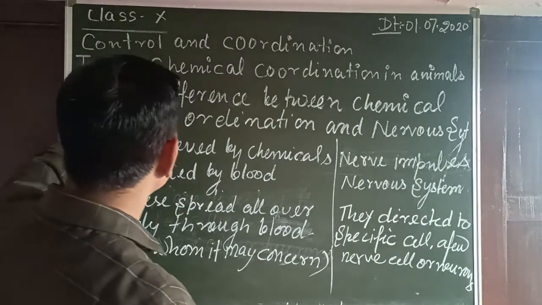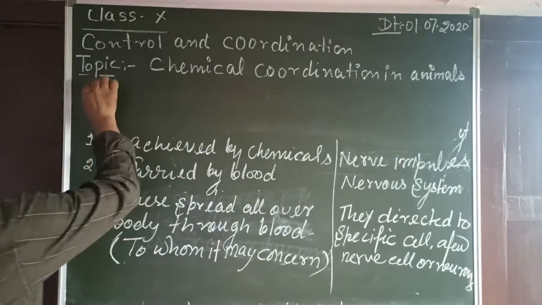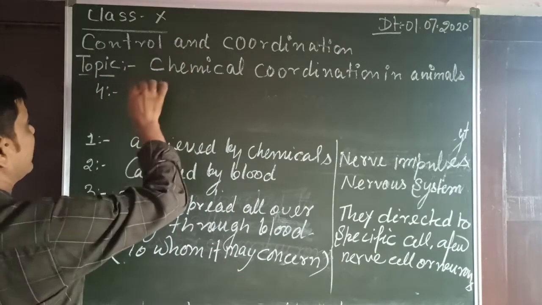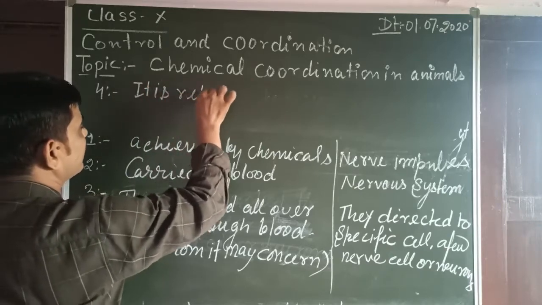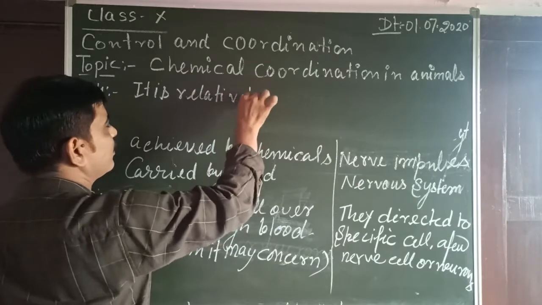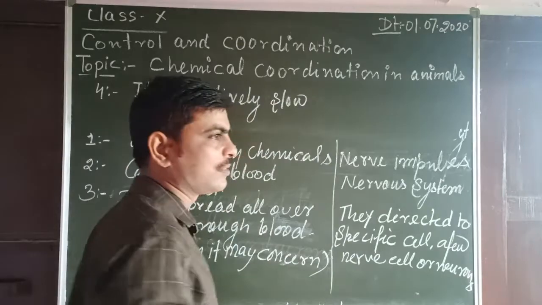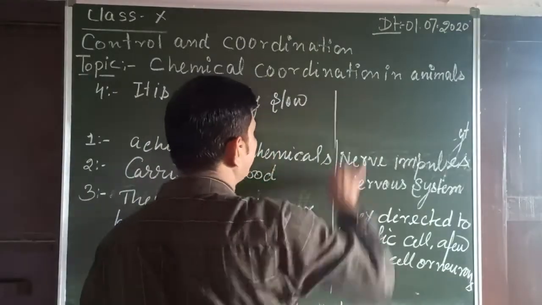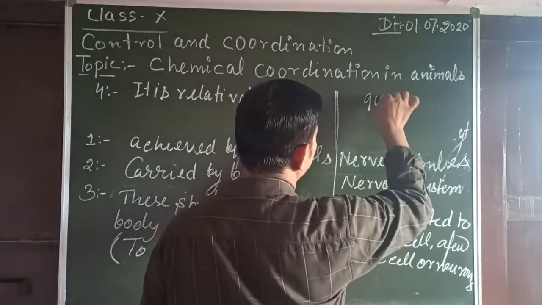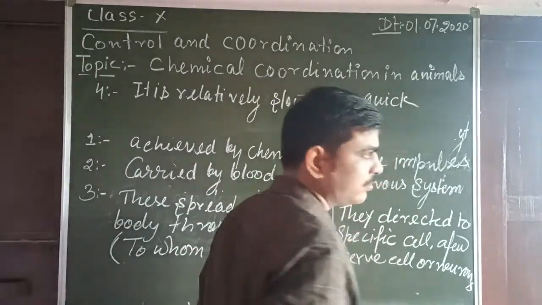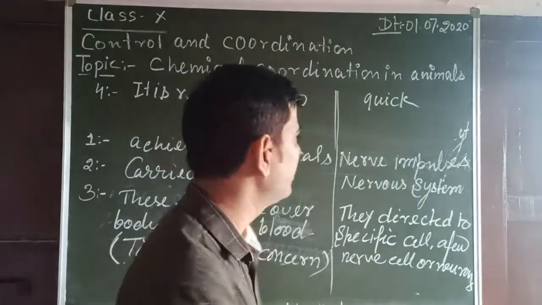Now another difference is that the chemical system is relatively slower. The effect of the chemical system, the hormonal system, is slow, while the effect of the nervous system is quick. In milliseconds, nerve impulses can transmit messages, while hormones take some time.